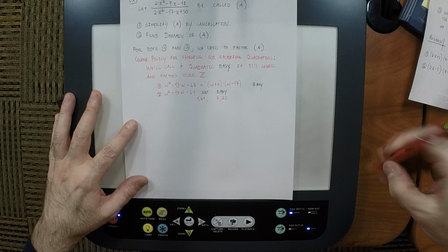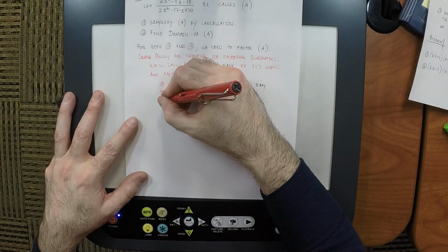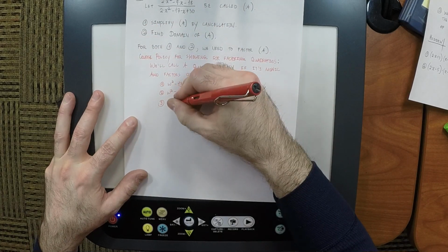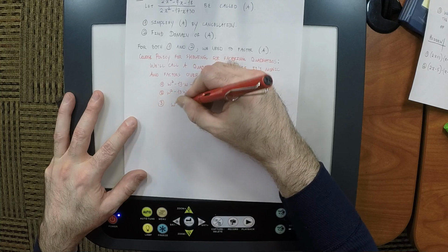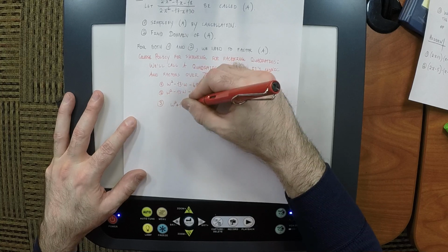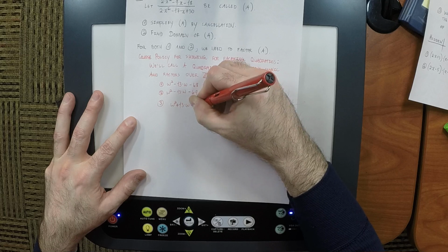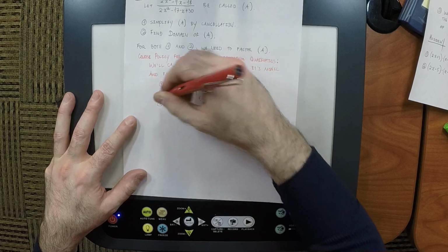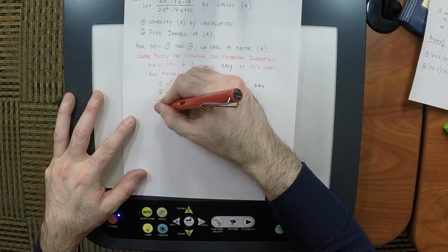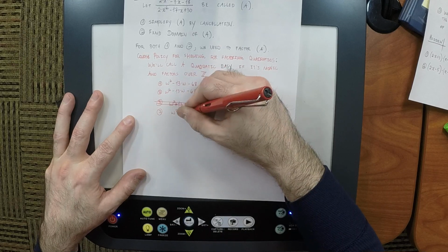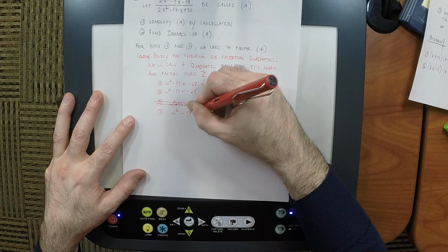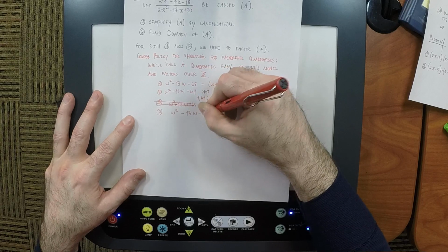Okay, and then finally, if I take that same one, w squared minus 13w minus 68.